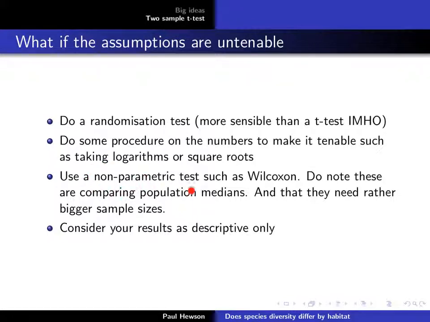You could use a non-parametric test, such as the Wilcoxon or the Mann-Whitney test, although you must notice these aren't actually comparing the means anymore, they're comparing the medians. Or, perfectly valid, you could consider your results as descriptive only.